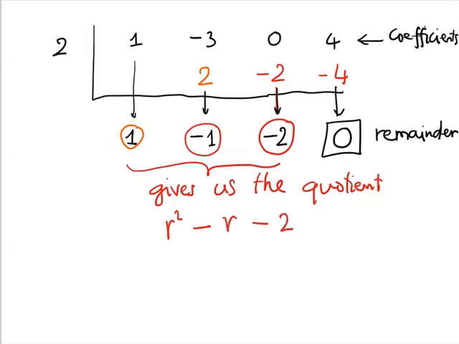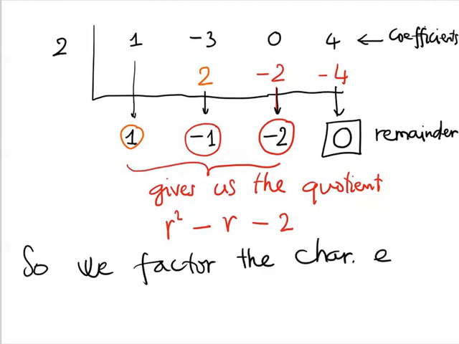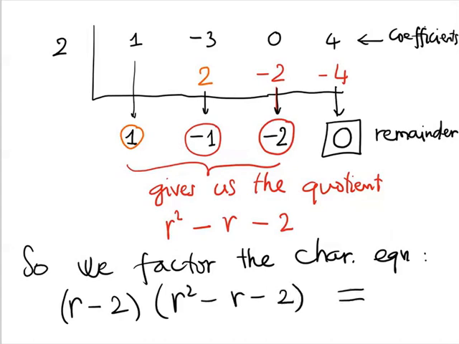That is the quotient. And so we factor the characteristic equation as, remember that we already have a factor r minus 2 in front, and now after using synthetic division we have the quotient, r squared minus r minus 2. So the quotient is the second factor.